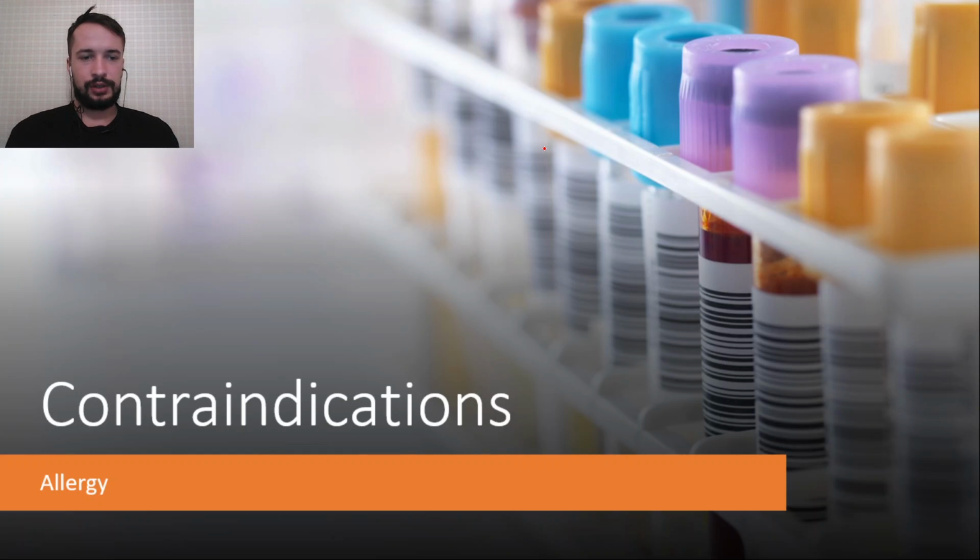The next contraindication I found is age less than 10 years. But there I don't agree. I know many surgeons, many child surgeons, and they do local anesthesia for small patients.